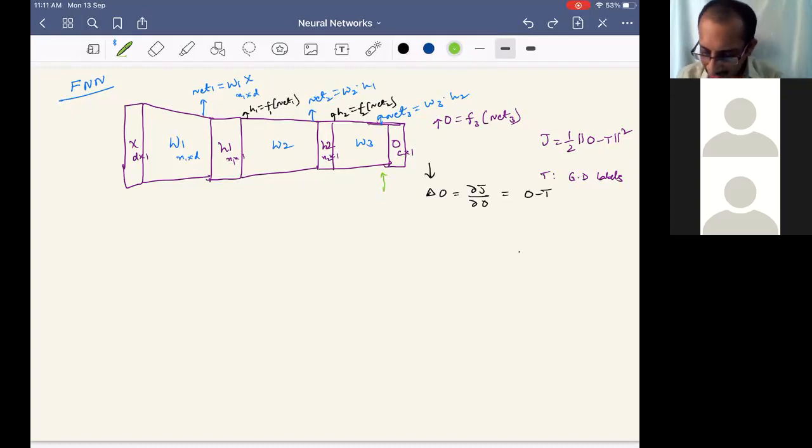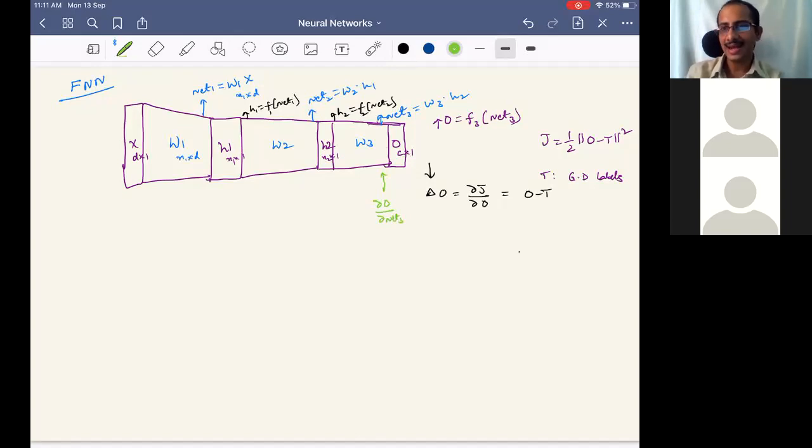The local gradient here is dou O by dou what? Net 3, very good, because net 3 is the variable here. So we want to write dou O by dou net 3, the local gradient, which you can consider the immediate gradient.